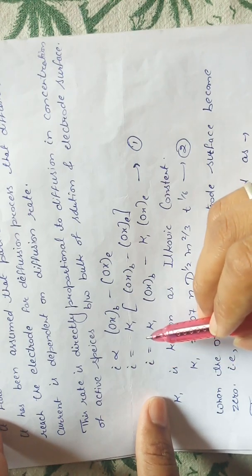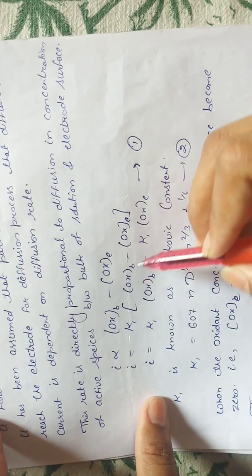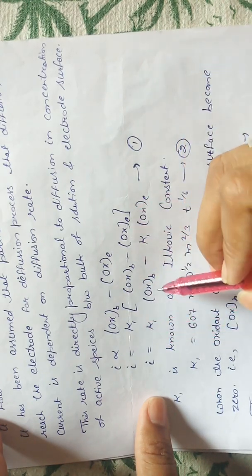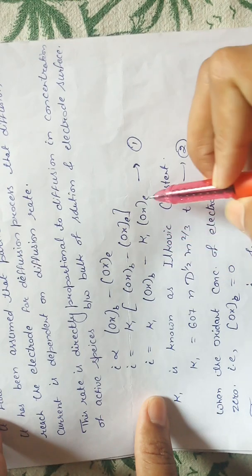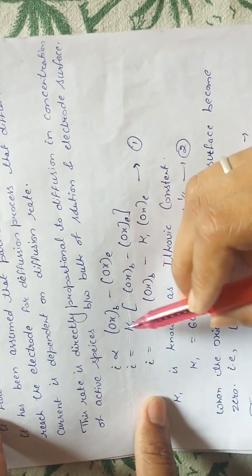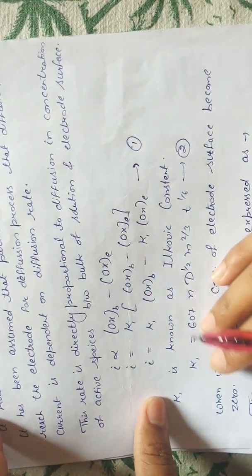So I is equal to K1, the proportionality constant, times oxidant at bulk minus oxidant at electrode surface. This is represented as equation number 1.